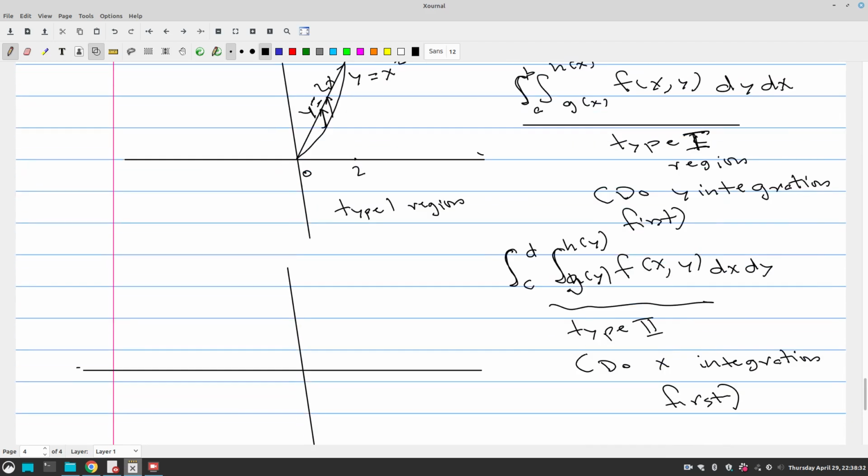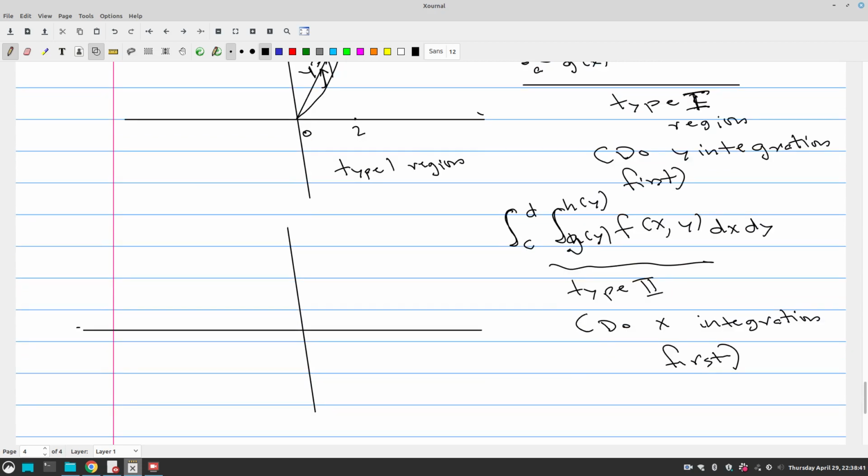The curve y is equal to x squared can actually be written as x is equal to root y, and the line y is equal to twice x can be written as x equals y over 2, and you can set the y limits from 0 to 4, and the integration would proceed from left to right, from this to this.